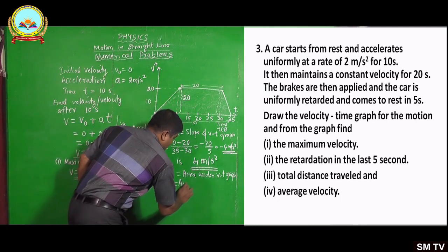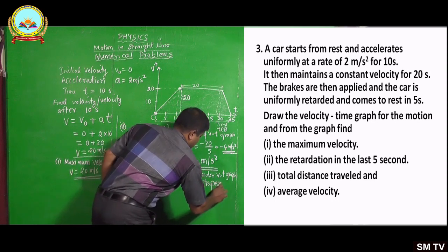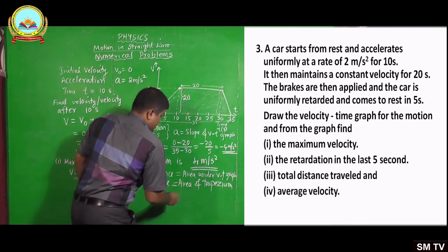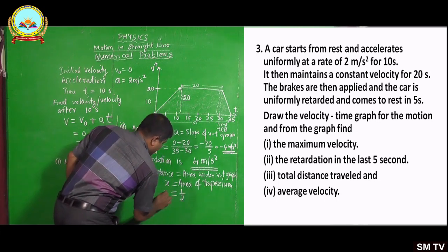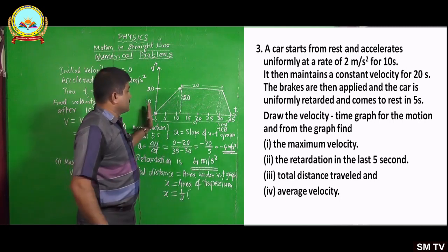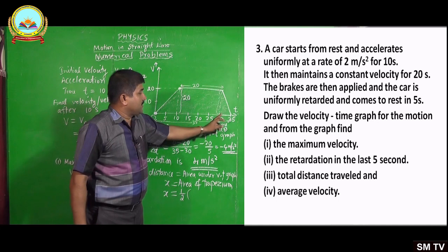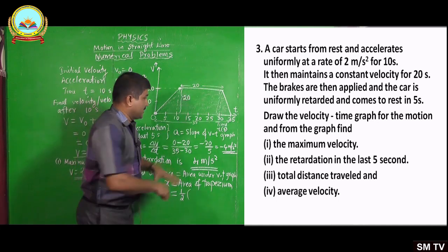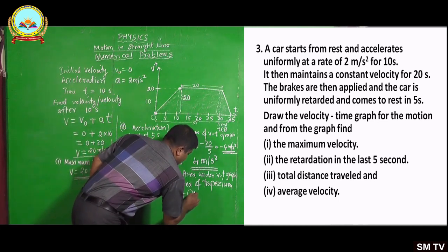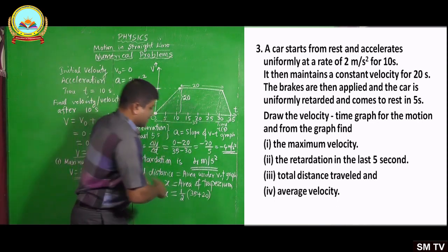So area of trapezium is equal to half into the sum of parallel sides. 0 to 35 is 35 and 10 to 30 is 20. So 35 plus 20, into height, that is 20.